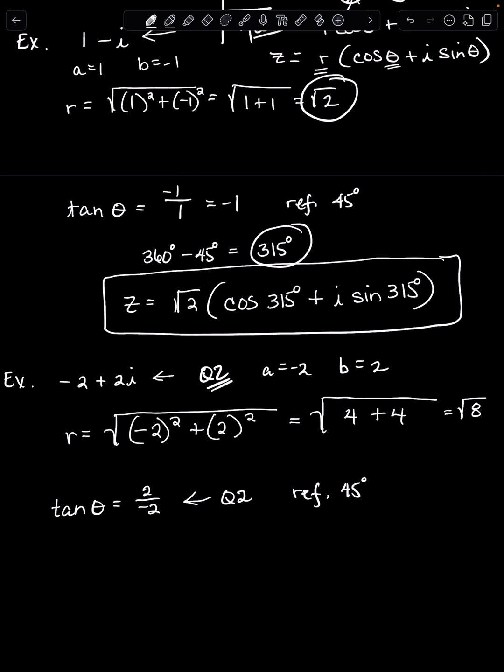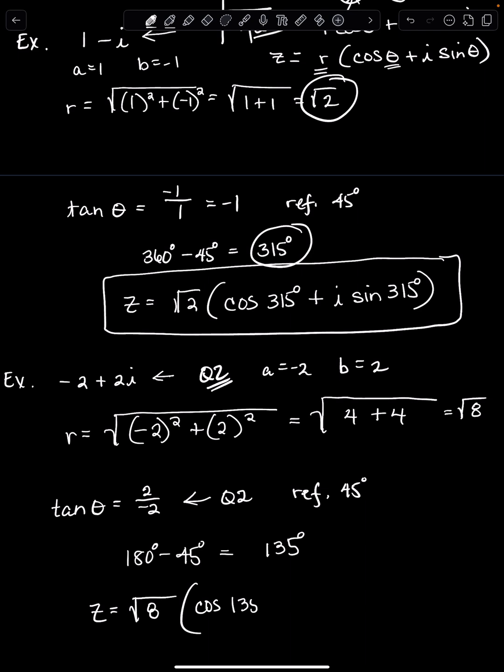So from quadrant 2, I'm doing 180 minus 45 degrees, which means my theta is 135 degrees. So to write this complex number in polar form, I've got z equals r, which is the square root of 8, parentheses, cosine of theta plus i times the sine of theta.